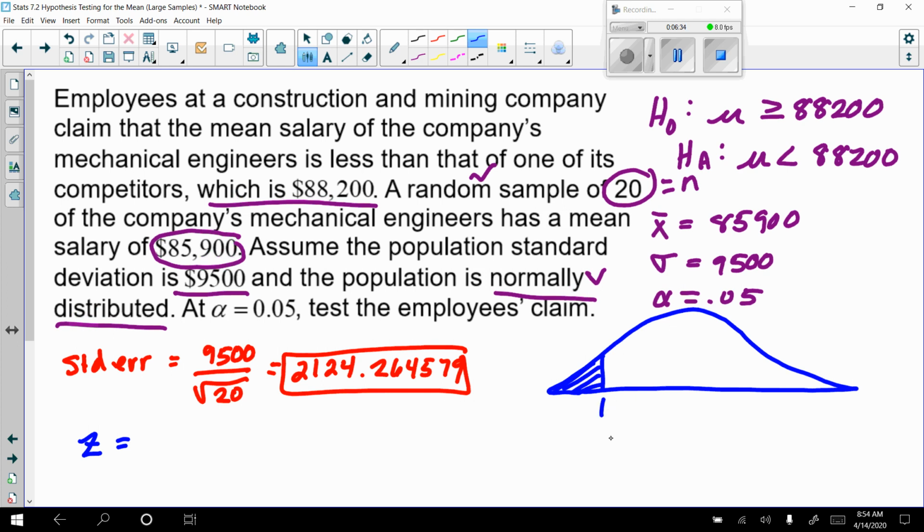This is our alpha level. Alpha is equal to 0.05. That means that our z at this is going to be equal to negative 1.96 by doing inverse norm of 0.05.